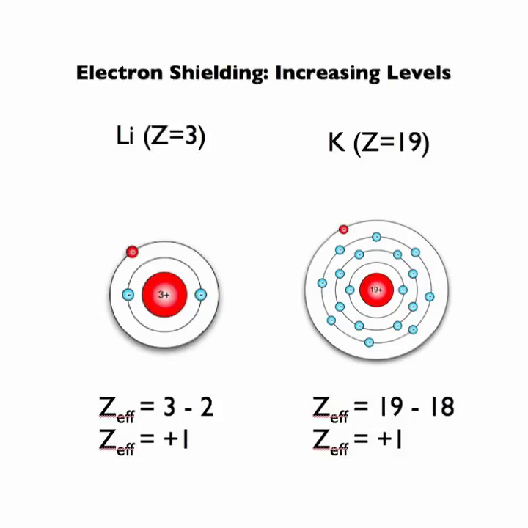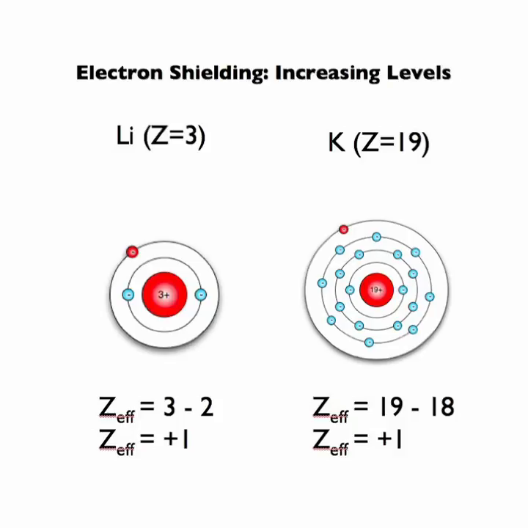The innermost electrons also repel slightly these outermost electrons, decreasing the effective nuclear charge. So the way that we can calculate the effective nuclear charge is using the atomic number, the number of protons, minus the number of electrons on core levels. So the effective nuclear charge for lithium is 3 minus 2, or plus 1.